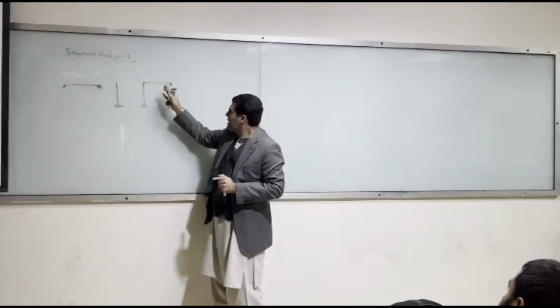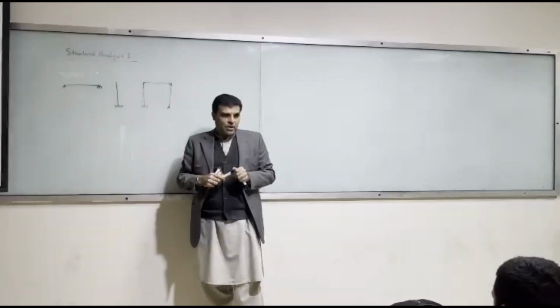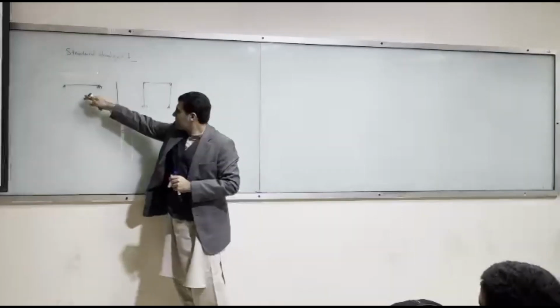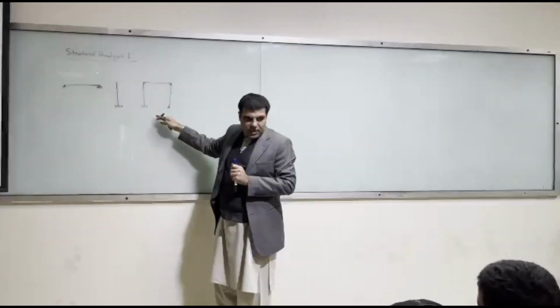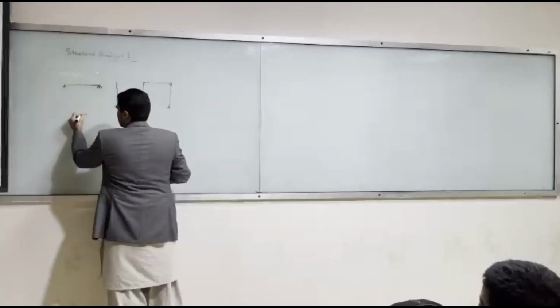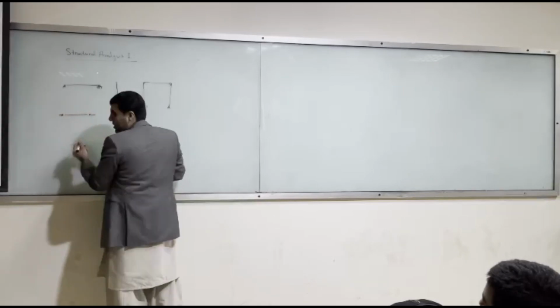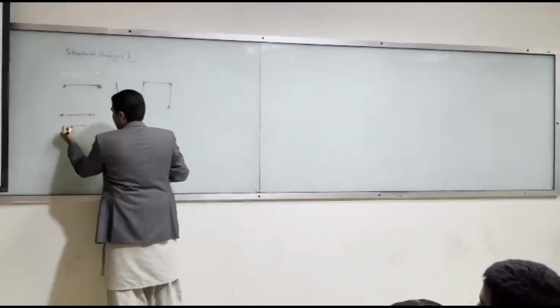If you keep on putting more and more frames on it, you get a multi-story building. So these are simple structures. Then another structure is an axially loaded strut or a tie.